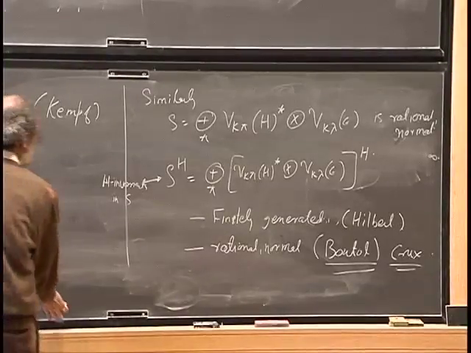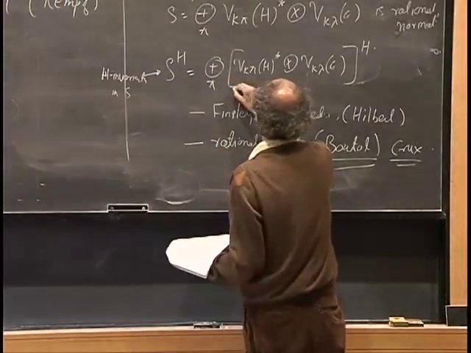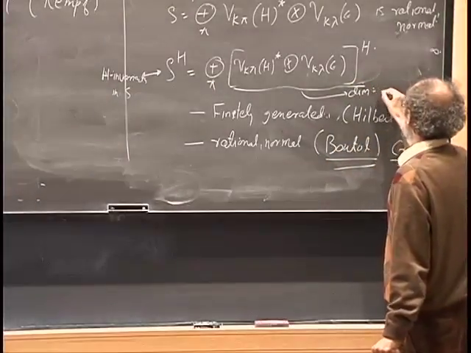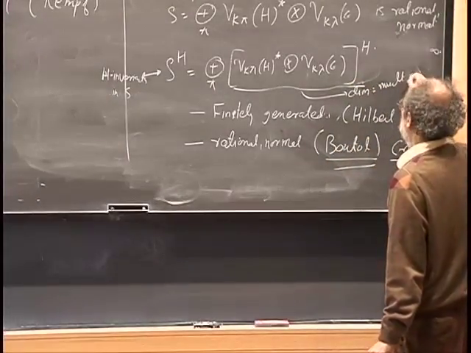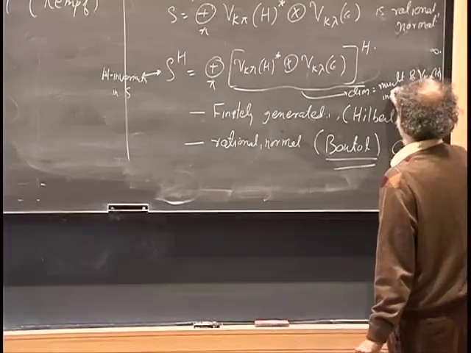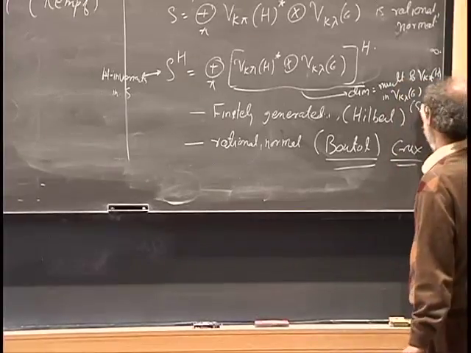Now the point is, the dimension of this is precisely the multiplicity of V k pi h in V k lambda g, by Schur's lemma.